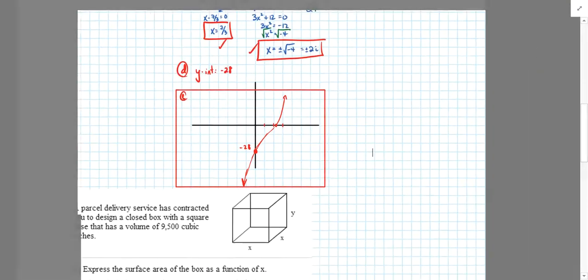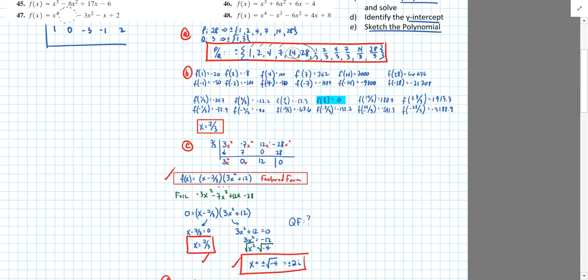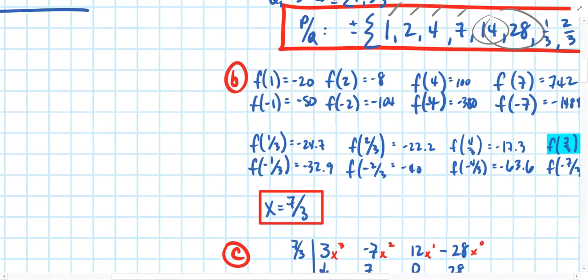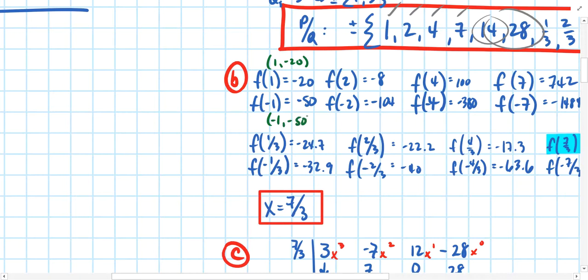Now, an additional thing that I'll add here is, in this particular case, we had a whole bunch of data points that we could also plot if we wanted to. I'm not going to plot all of them, but just to point out, this coordinate here is the coordinate 1, comma, negative 20. And then we have the other coordinate, negative 1, comma, negative 50.